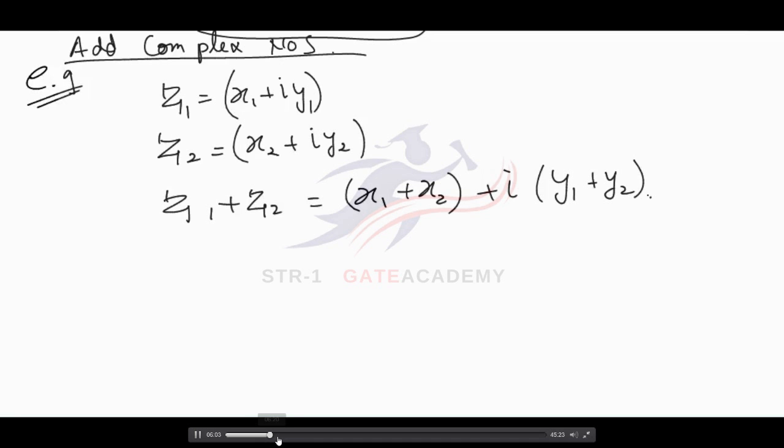Similarly, you can do other operations also, plus, minus, and all those types of things.